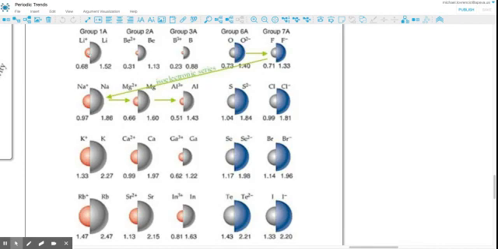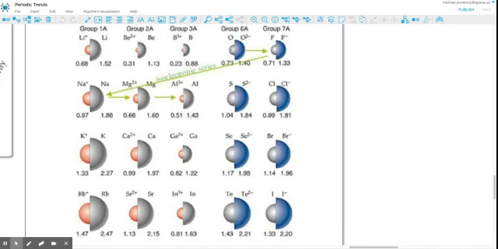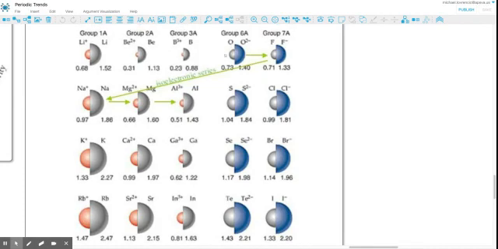As we go to the nonmetals, you'll see that the nonmetals form anions. It's the opposite behavior. The nonmetals have a very strong attraction to electrons, and so they will fill and form anions.